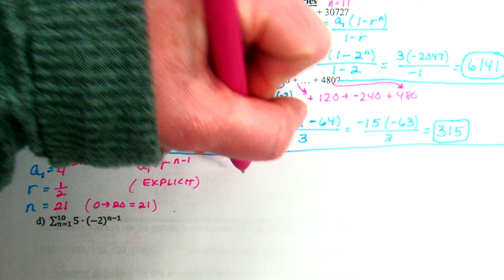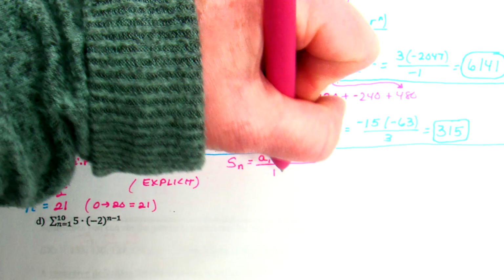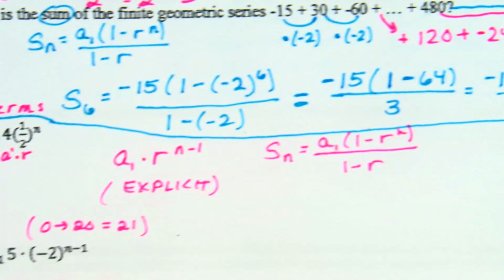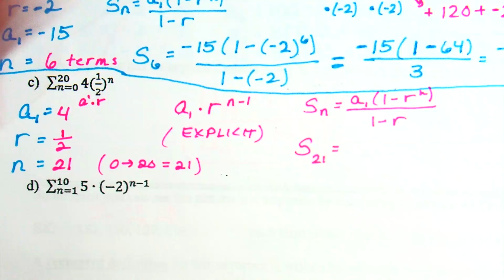So our formula we are using, S of n equals A1 times 1 minus R to the n over 1 minus R. Nothing fancy there, I just wrote the formula down that we're using. Do you know all of that information to fill in? You should, right? So S of n, we're finding the sum of what? Sum of 21 terms, right?